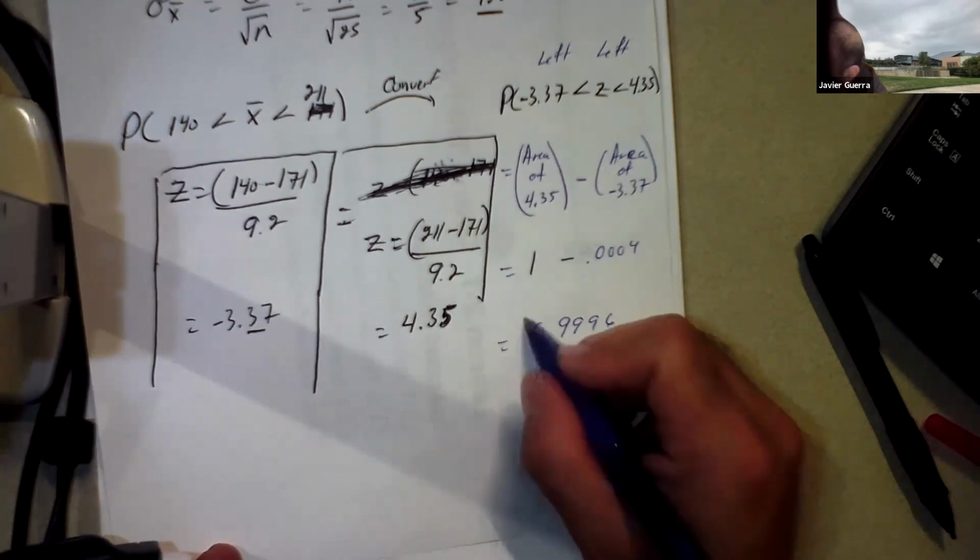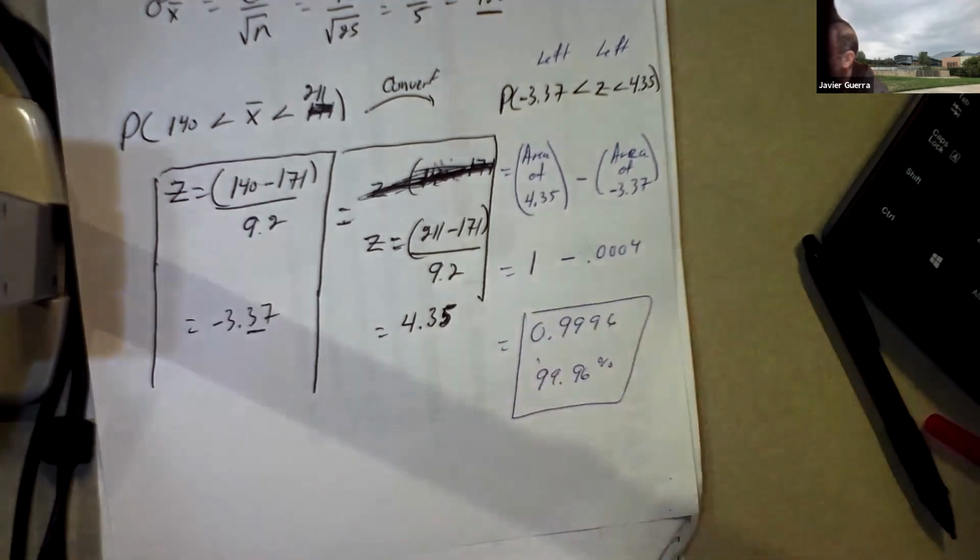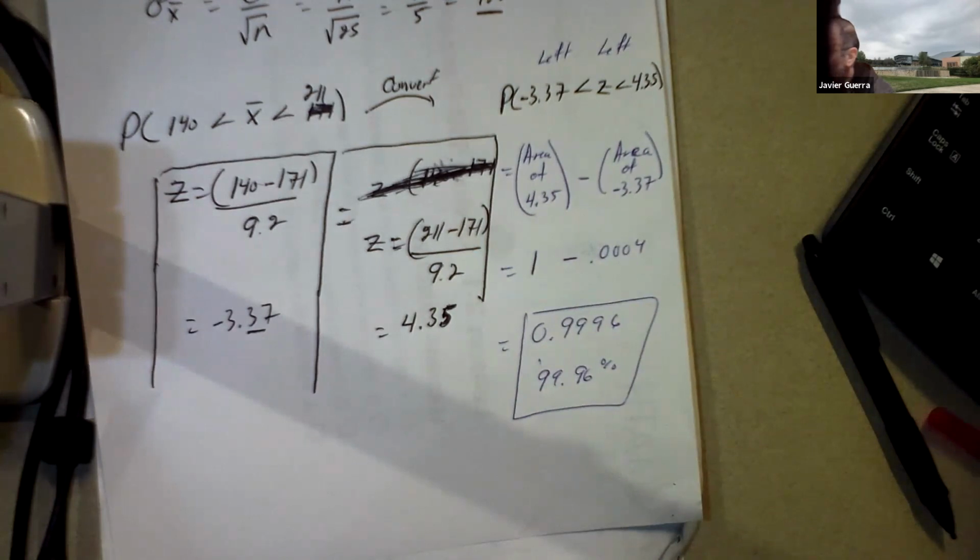99.96% of the females would have an average mean weight between 140 and 211. Whereas the other one, you were just taking one individual person who came in and weighed themselves.